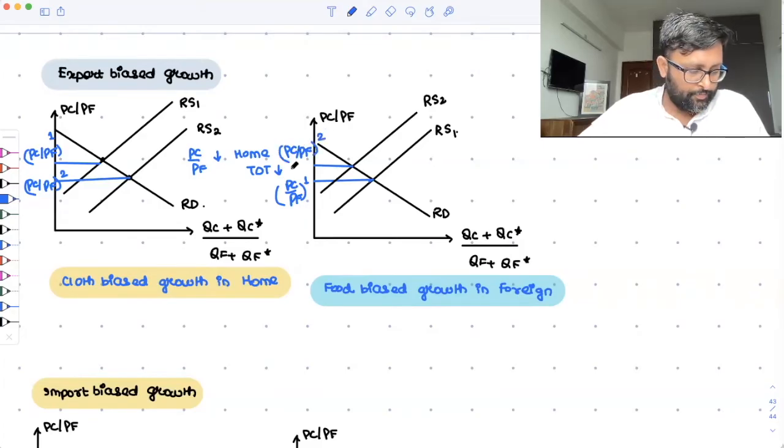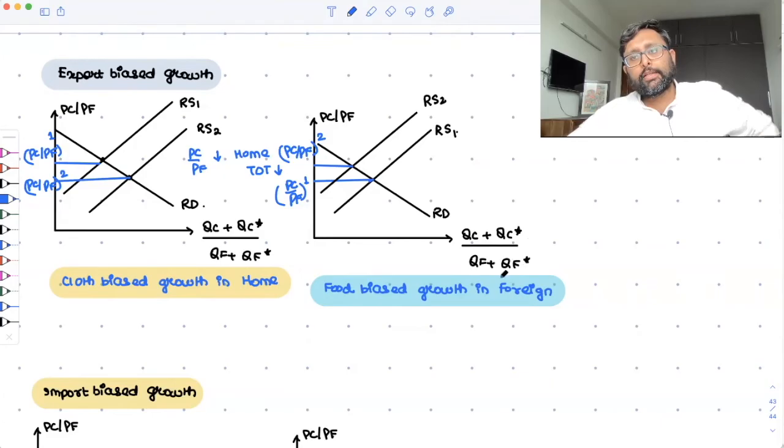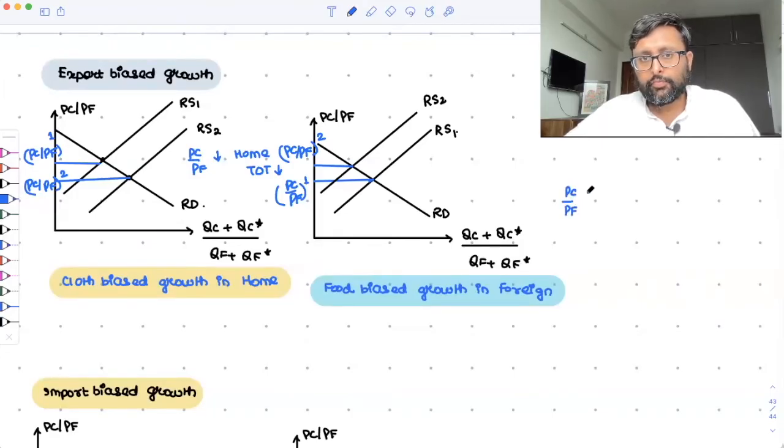Relative supply of cloth in foreign is going to decrease. PC by PF 2, right? Or you can say PC by PF star or whatever you want to say, that is going to increase, because if QF star is going to increase, this is going to fall, right? So when PC by PF has increased, that is, the relative price of cloth has increased, that would mean by the same token that PF by PC has reduced.